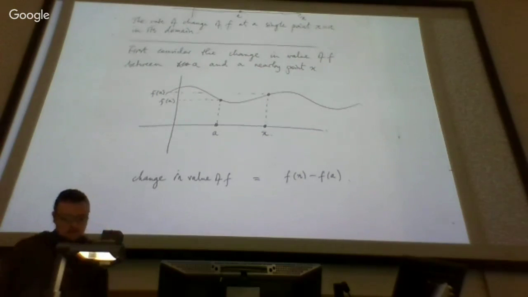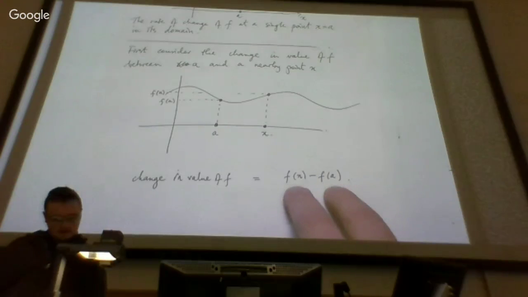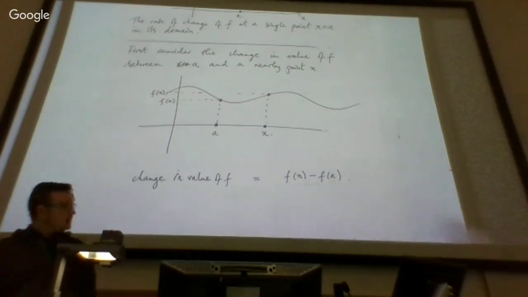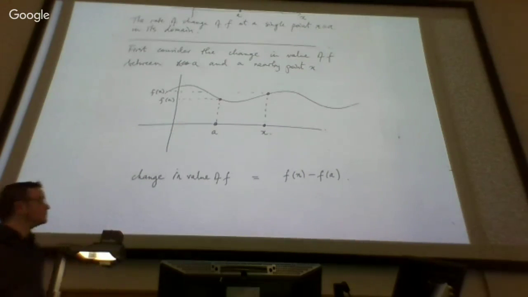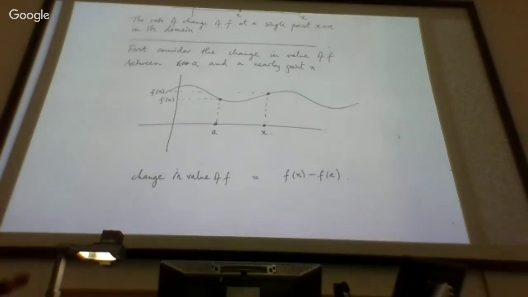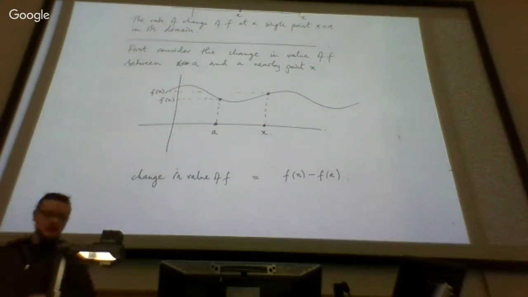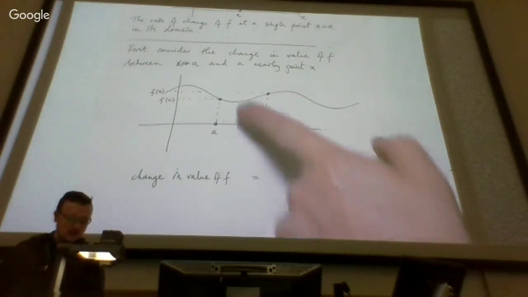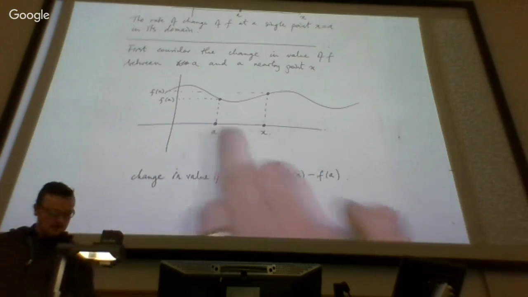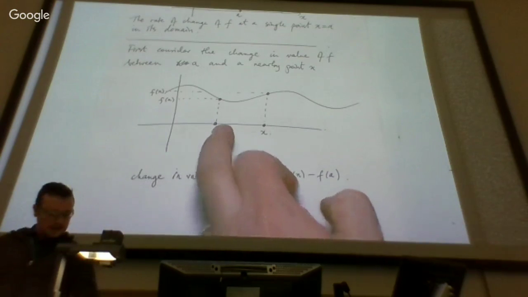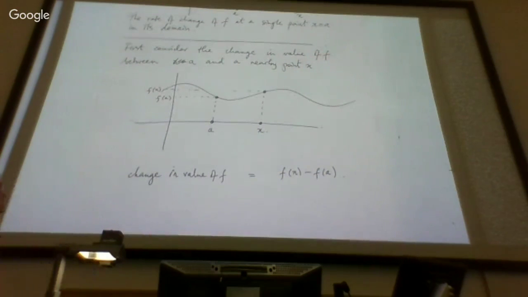But now we ask ourselves, is that a good quantity to look at? Or might there be a slightly better quantity to look at? Because we're interested in getting to the notion of the rate of change of the function at the point a itself. So first of all, we're just assuming that we're considering it between the point a and some other nearby point.